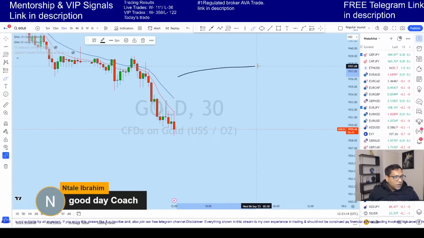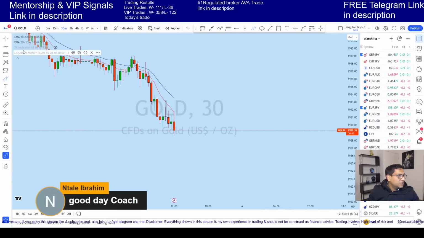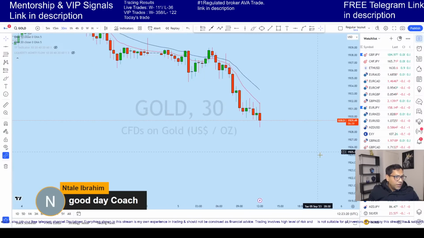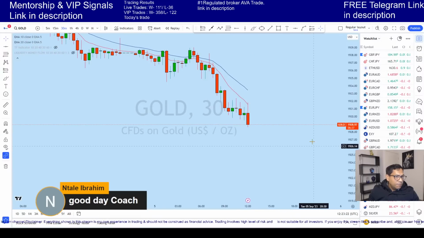Okay, from 30 minutes, this is the 30 minutes price action, which is forming a red bearish candle.